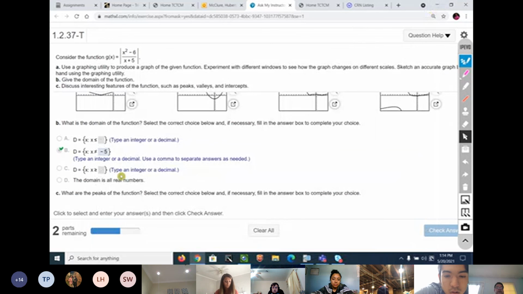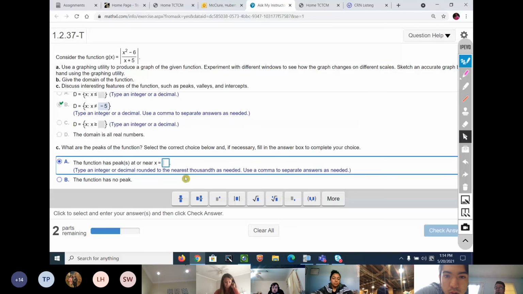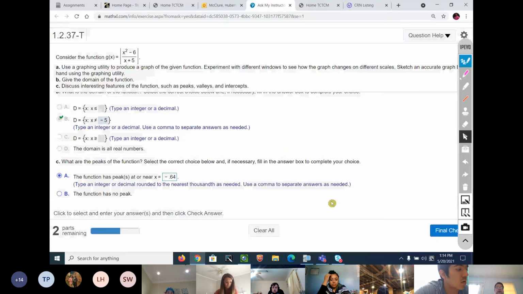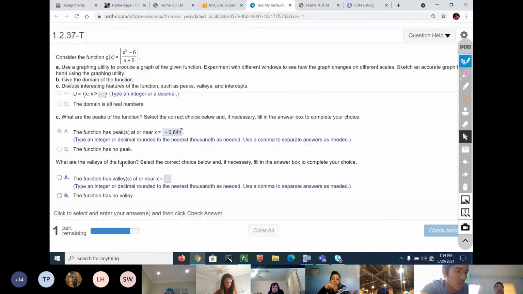And where are the peaks? The peak is the vertex, and x is equal to negative 0.64. And I don't know why they don't call it the peak. I didn't add the 1. I'm sorry. Where are the valleys?